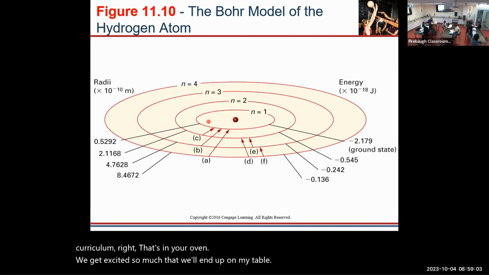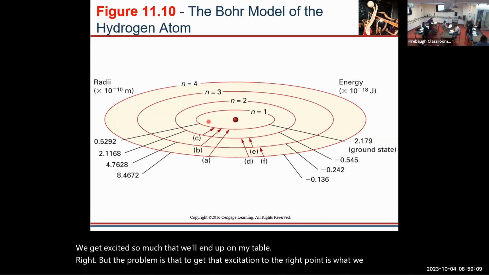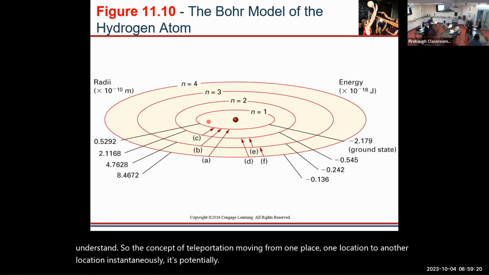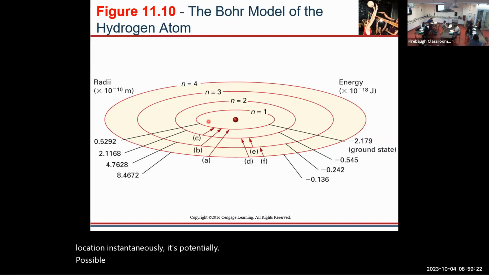But the problem is that getting that excitation to the right point is what we don't understand. So that concept of teleportation, moving from one location to another instantaneously, is potentially possible if we learn how to excite those electrons right and not cook you at the same time.